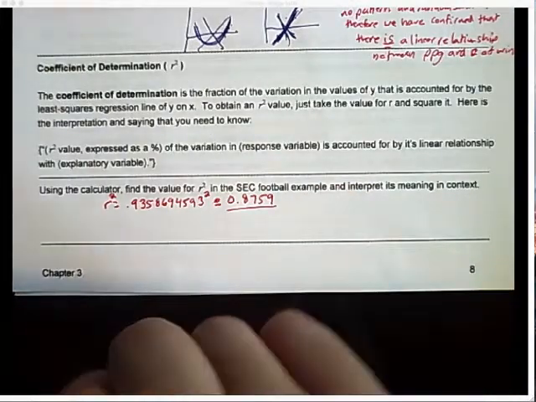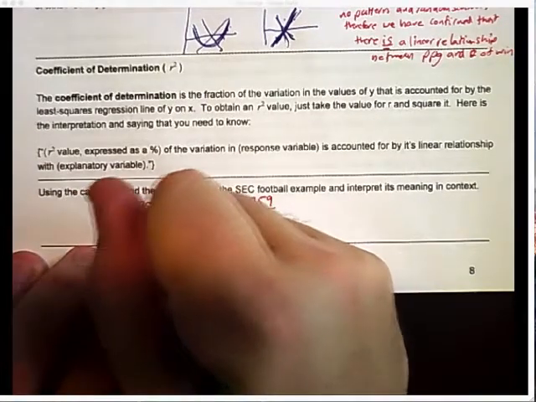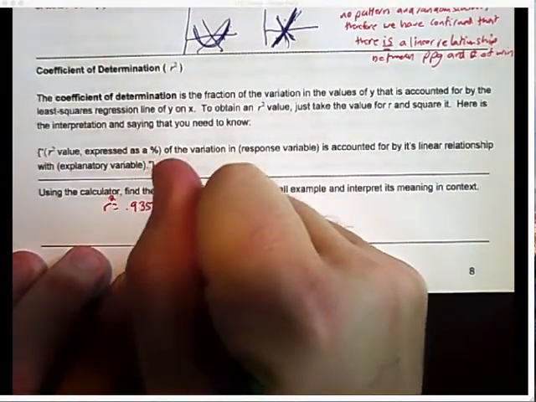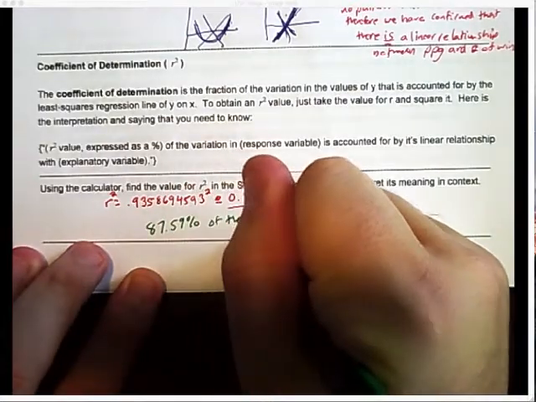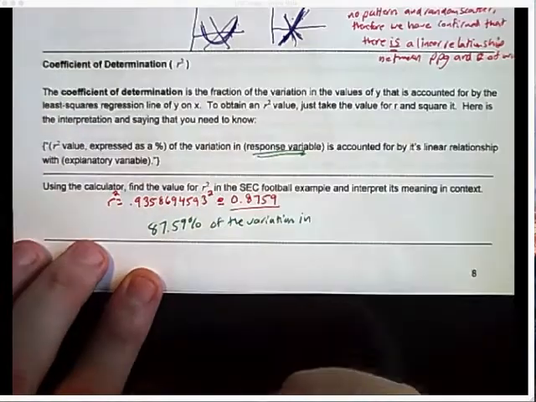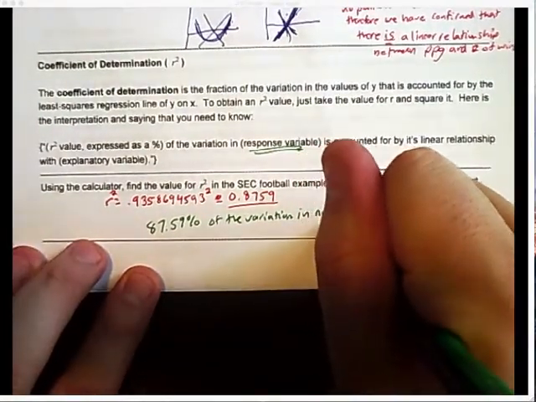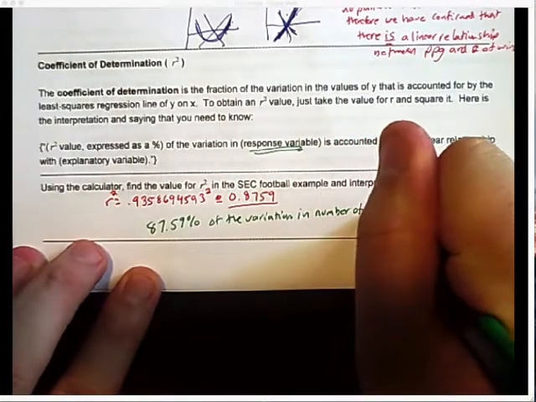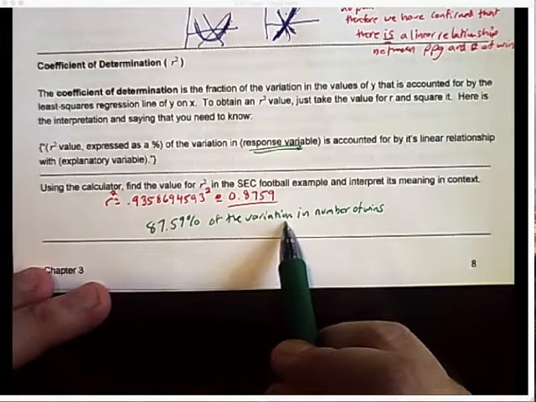So here's our saying. We say 87.59% of the variation in what is the response variable, what's on the y-axis, in the number of wins. What's another word for variation?